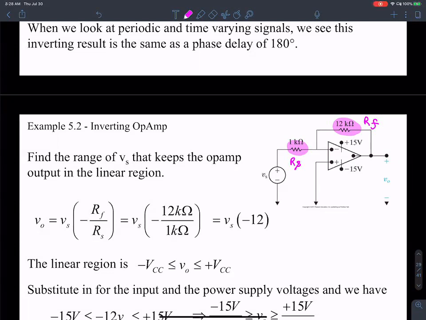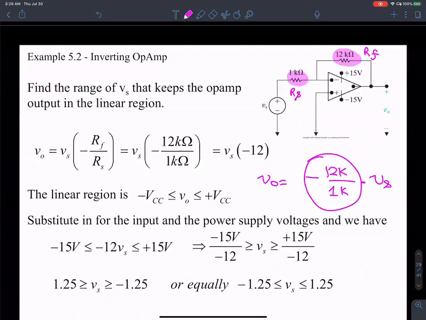The output voltage is simply negative RF over RS times the input voltage. Or in other words, V output equals negative RF over RS times Vs, where this is called the closed loop gain.